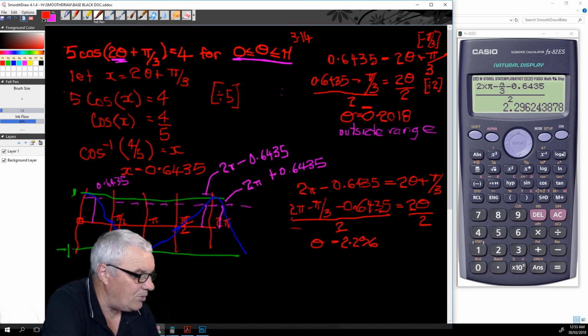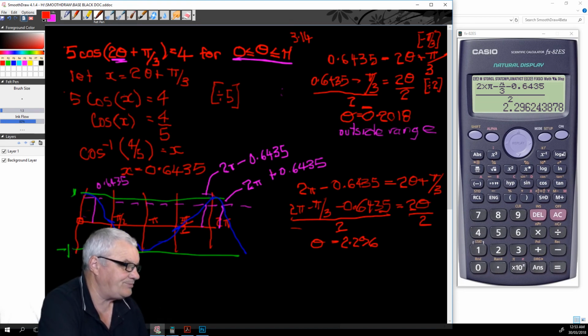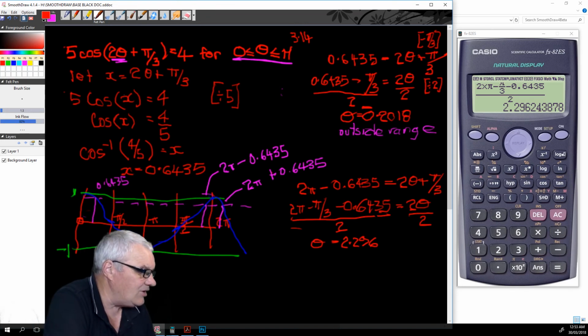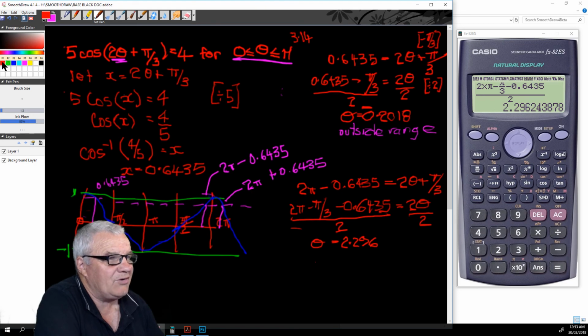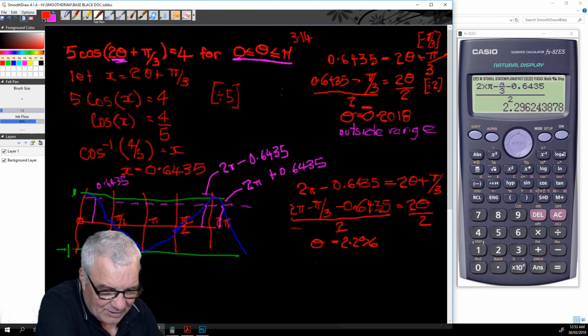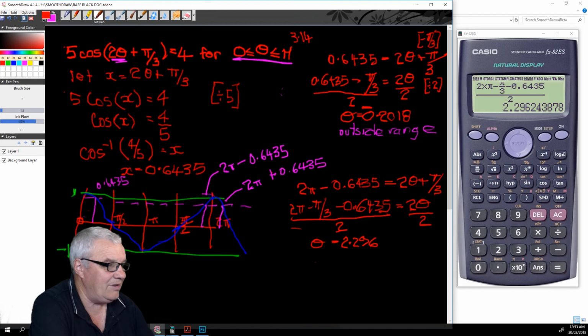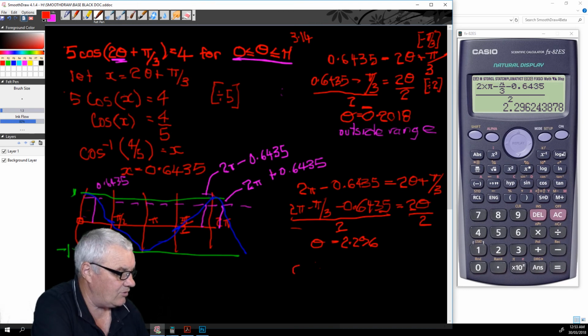But there's another possible solution here, and that is the one where that is plus 0.6435. So I'll just do that one. I won't write that one out. I'll try and save a little bit of time on that one. And yep, I'll just write that in here. Okay, so that's going in there, and that'll be theta equals.